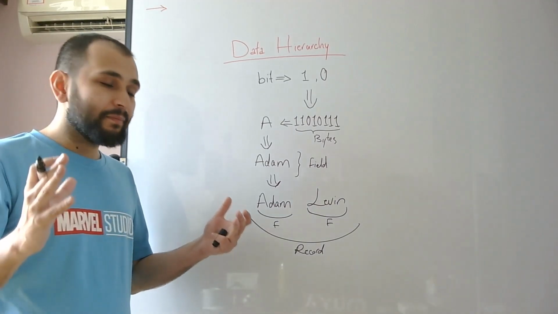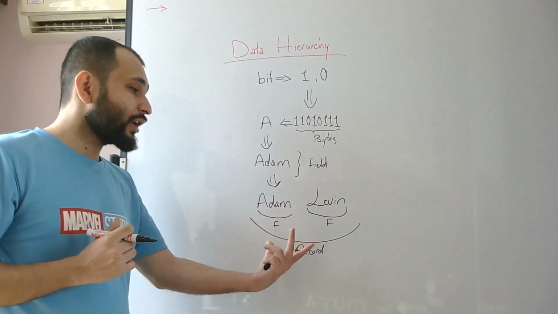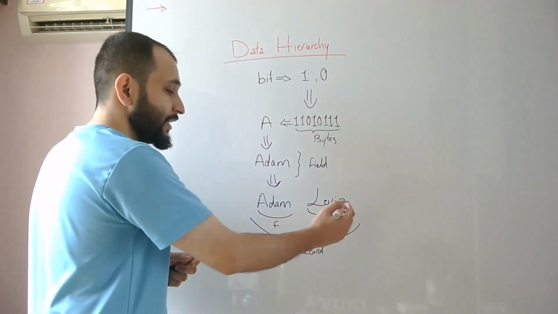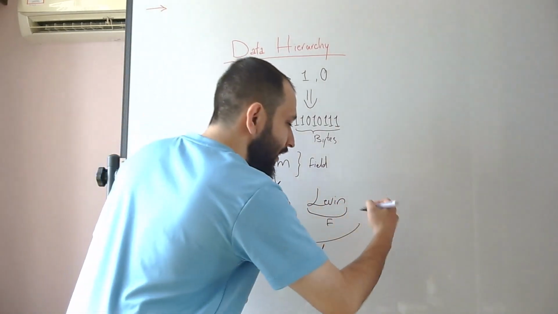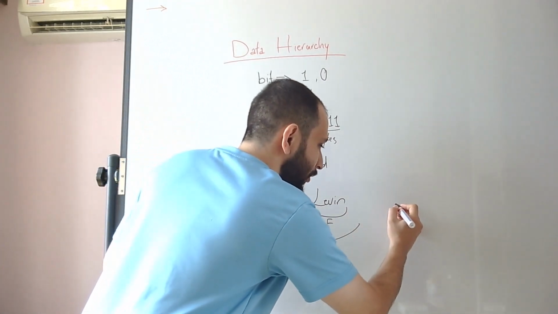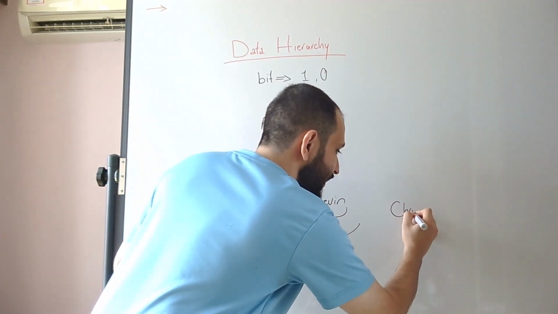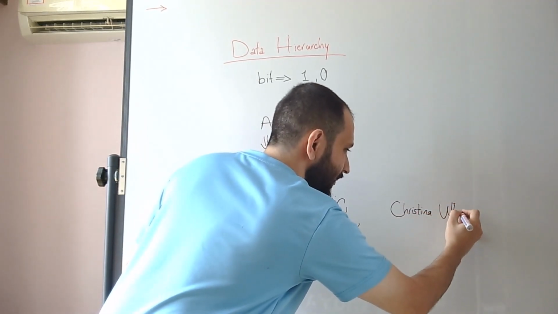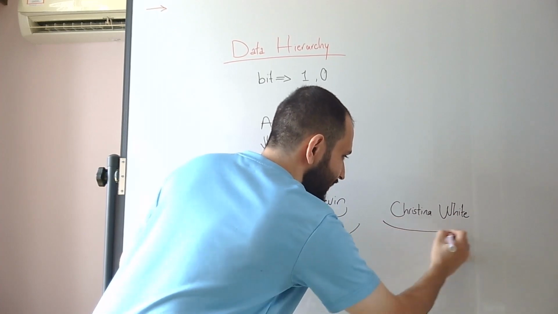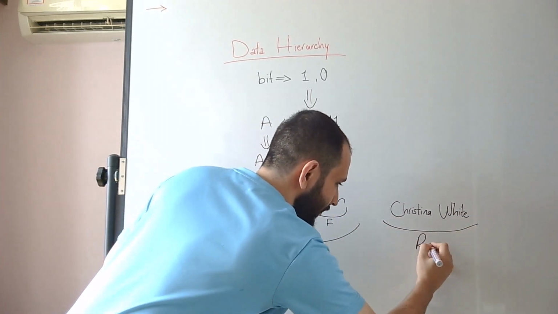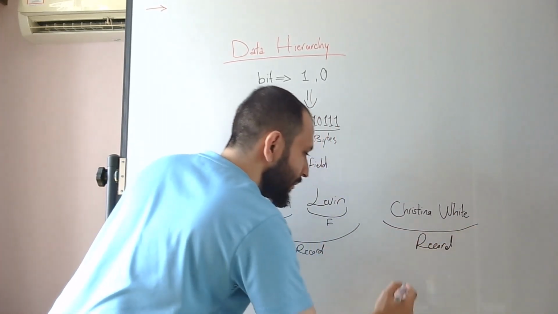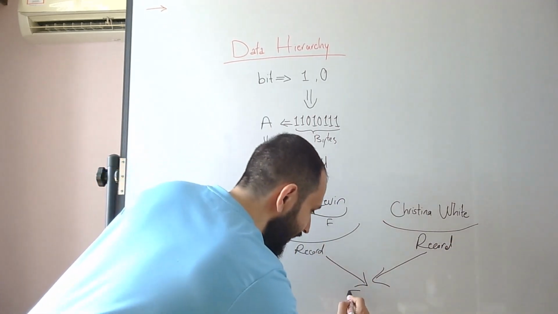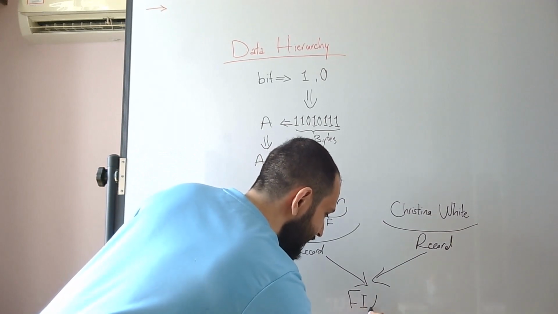And finally, by combining many of these records, we can create files. So this is the full name of one person. Maybe we can have the full name of another person, Christina White. So this is another record of a person. And the combination of these two records will create a file.